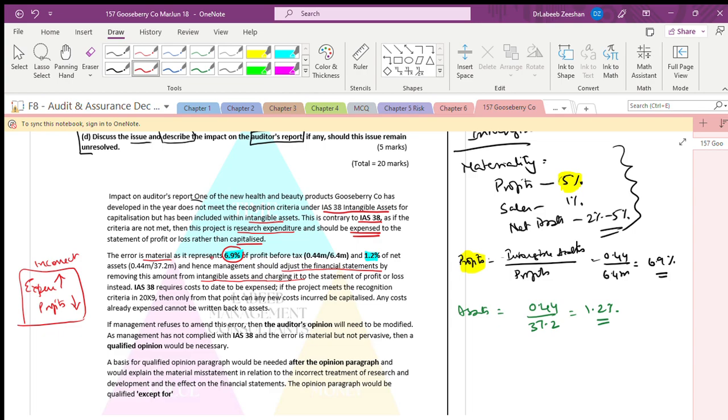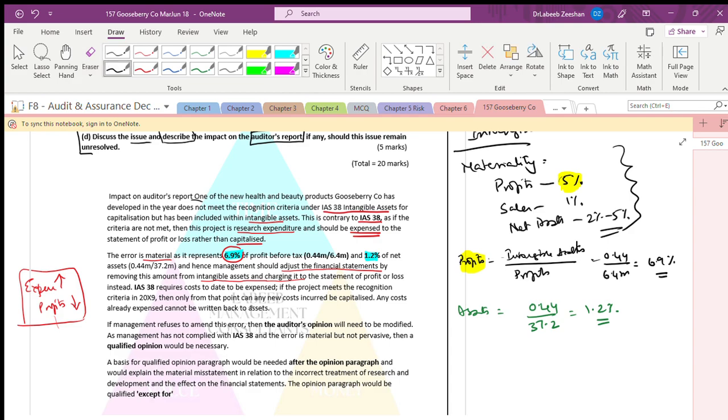The financial statements should be adjusted by removing this amount from intangible assets and charging it to expenses. We should not capitalize it. Research is an expense and our profits will decrease.